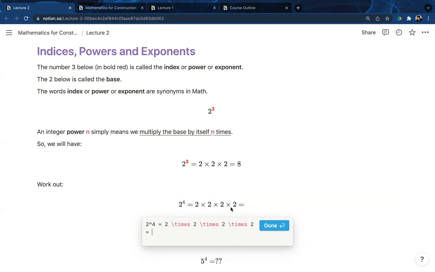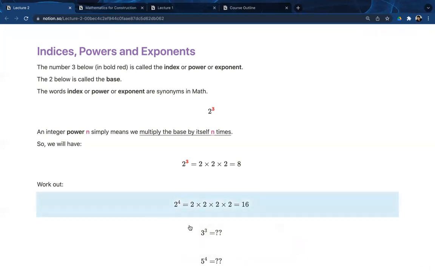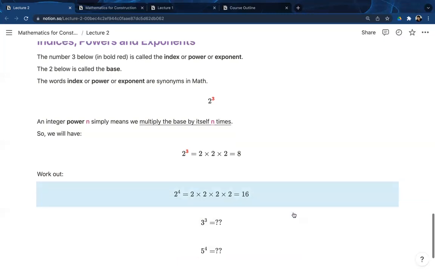So 2 multiplied by itself 4 times. So 2 by 2 is 4, 4 2s are 8, 8 2s are 16. That's the idea. So do the same thing for the other two, in case people were confused as to why 2 to the power 4 is not 8. You don't multiply the two numbers.